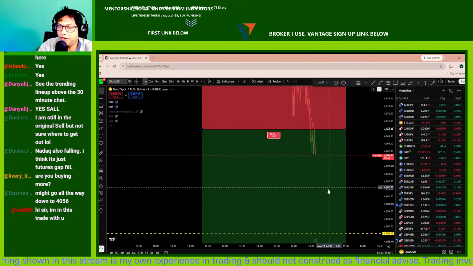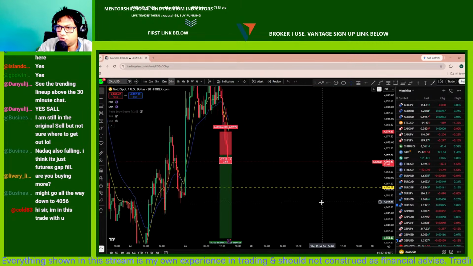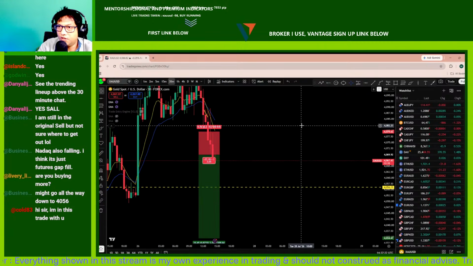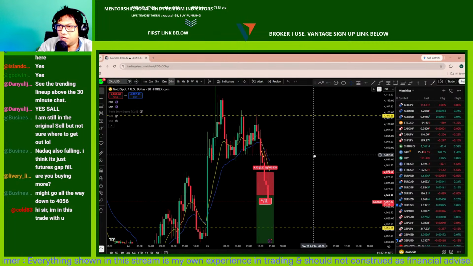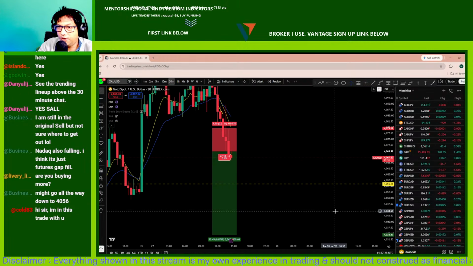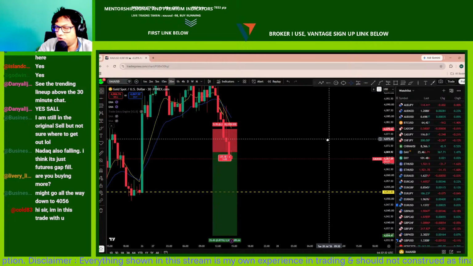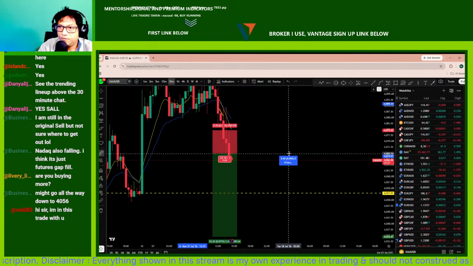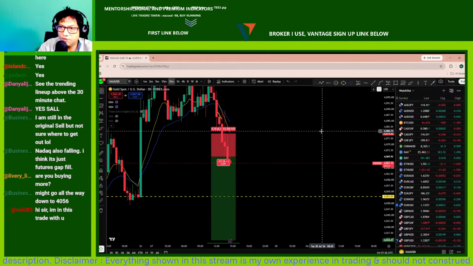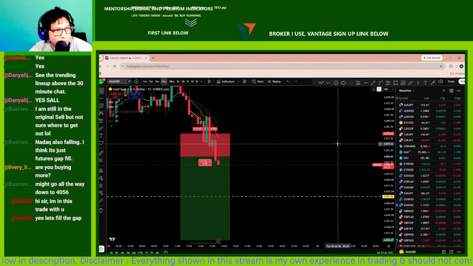So there is a gap here. The market is approaching that gap, and we're looking to see the price come down and potentially fill that gap. This is a large drop. Up to here, up to 4053, could be almost a 170 pip move if the market successfully drops down to that gap level.